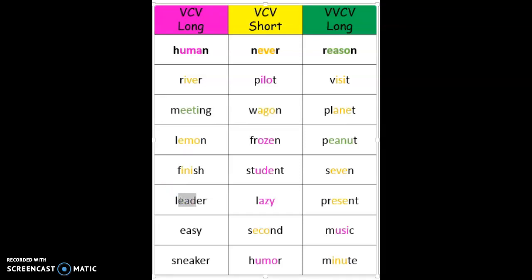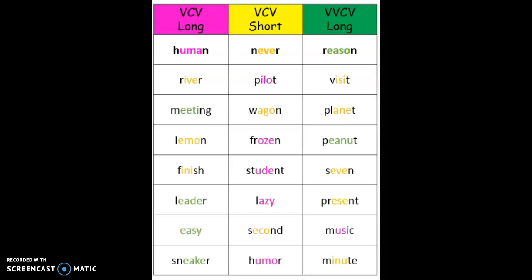Vowel, vowel, consonant, vowel with a long vowel sound. We also have sneaker. You hear the long vowel. And your last word, easy. Vowel, vowel, consonant, vowel with a long vowel sound.